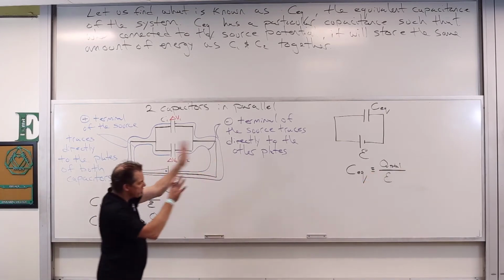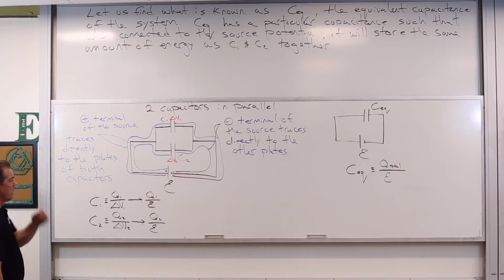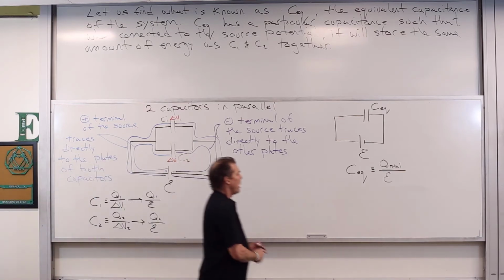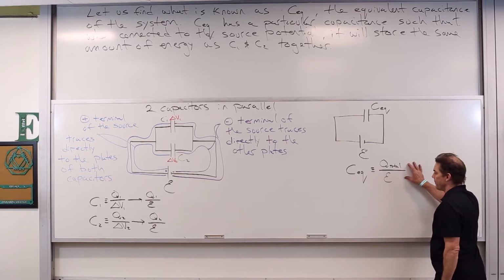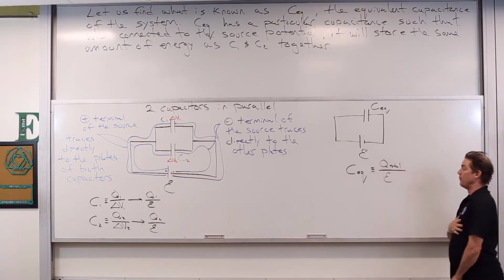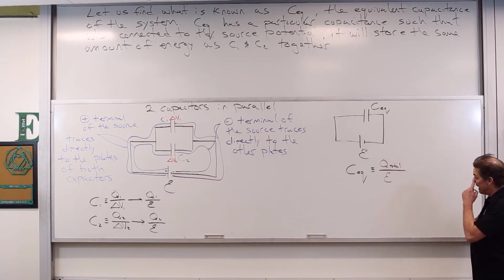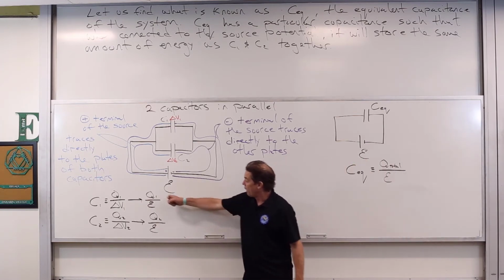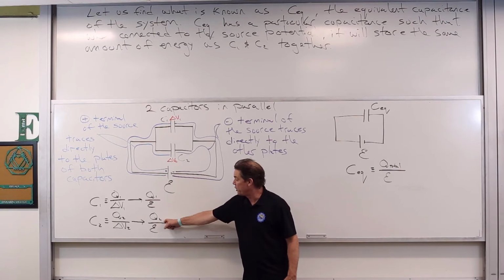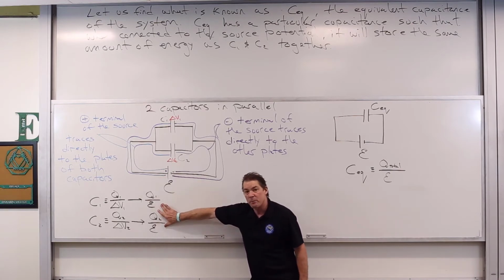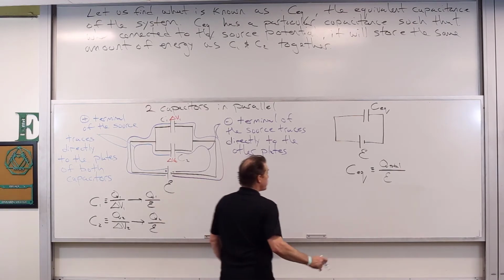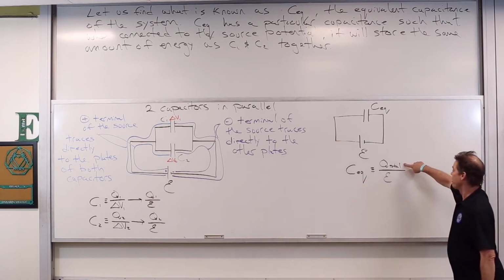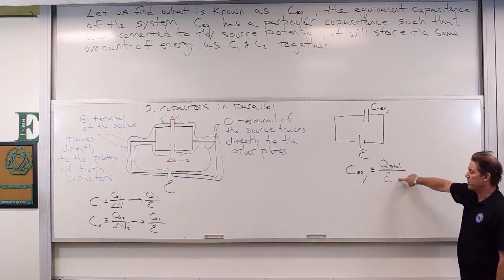When it's fully charged, and that's what we're assuming, fully charged. So the question becomes, how do we get this out of those two? And what we can see here is that the definition of these singular capacitors relies on the charges that are separated, Q1 and Q2, and the source potential. This one relies on the total charge separated and the source potential.